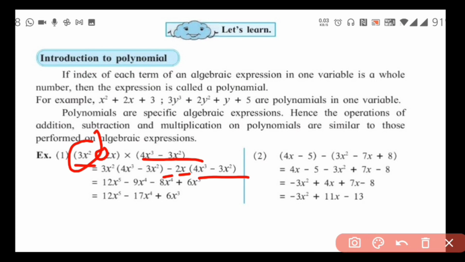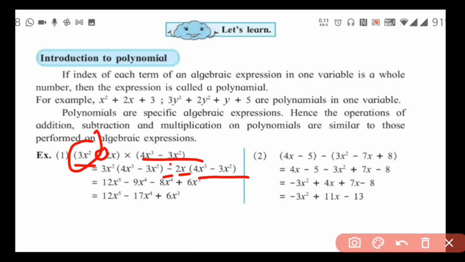Now 3x multiplied by 4x cube is 12x raised to 5. 3x multiplied by minus 3x square is minus 9x raised to 4. After that, minus 2x multiplied by 4x cube is minus 8x raised to 4. And 2x multiplied by 3x square is plus 6x cube, because minus times minus becomes plus.